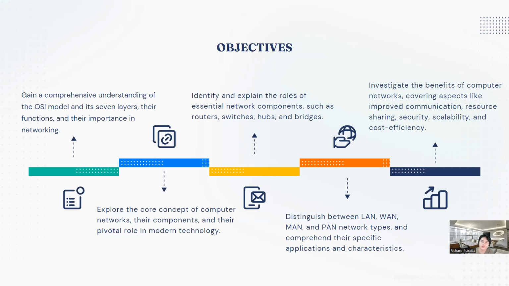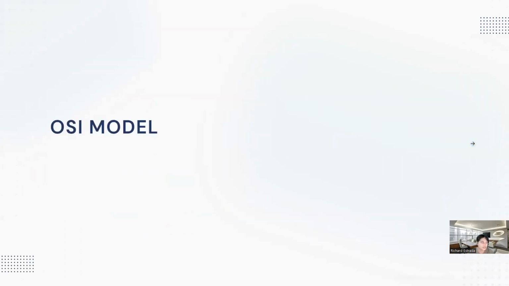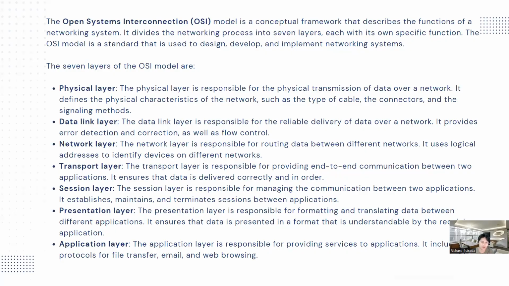And we're also going to investigate the benefits of computer networks, covering aspects like improved communication, resource sharing, security, scalability, and cost efficiency. So what is an OSI model? The Open Systems Interconnection or OSI model is a conceptual framework that describes the functions of a networking system.